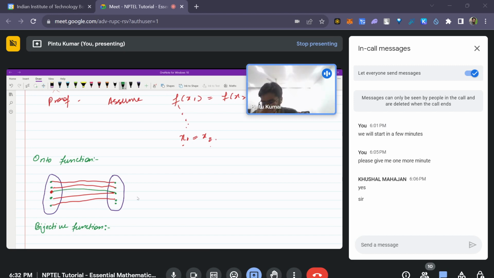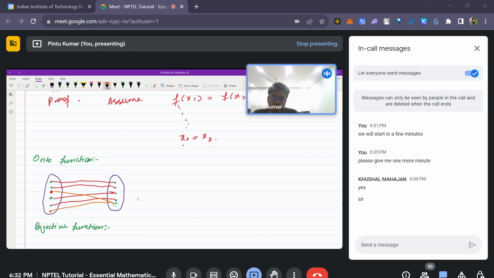Then you can see on the right hand side in your codomain, you have an empty point that does not have a pre-image. Okay. So if you impose an extra condition on your function that every element on your right hand side should be occupied, let's say you have one more point here and this is also mapped to this point.